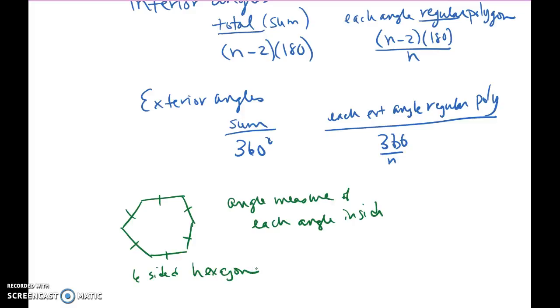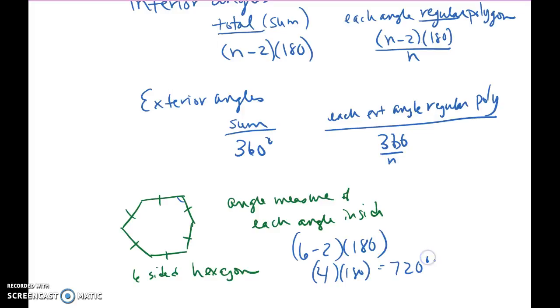And if I want to know each angle measure, that's like this one, this one, this one, I first need to find the total. So from the formula above, it tells me to take the number of sides, subtract 2, then multiply by 180. So I'm doing 4 times 180. So in my calculator, I'm going to type that in. You may already have memorized how many it should have, but some people don't.